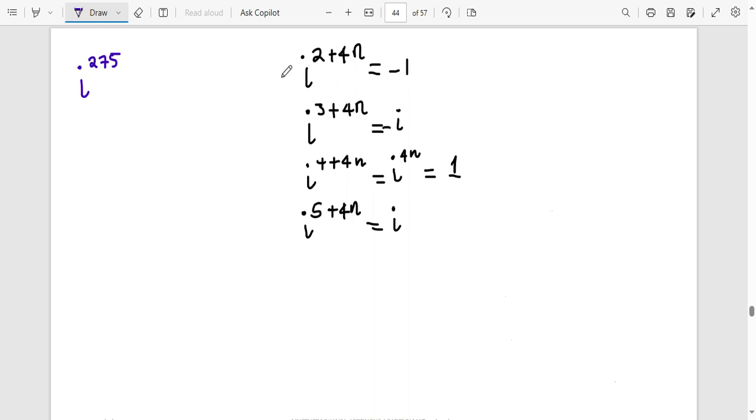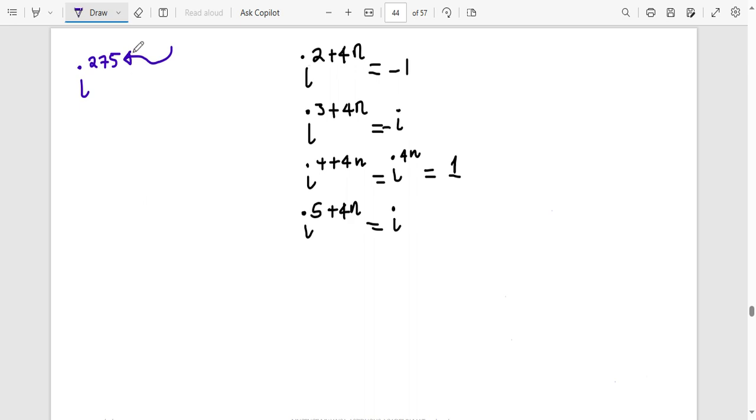The first question you need to ask yourself is, is 275 an odd number or an even number? Is it even or odd? It's an odd number. Just look at the number at the end.